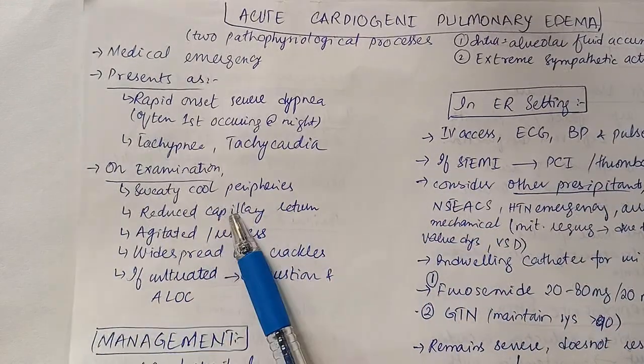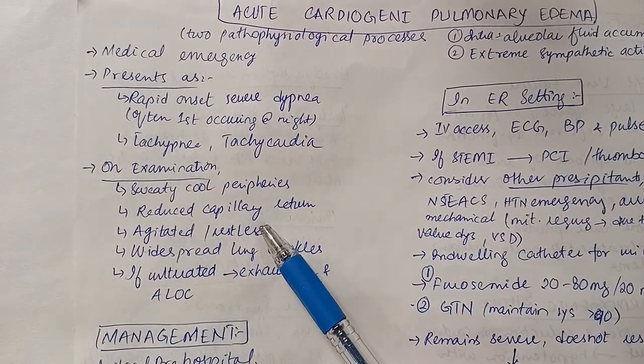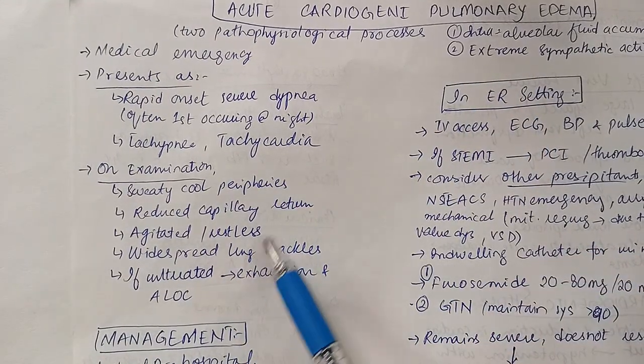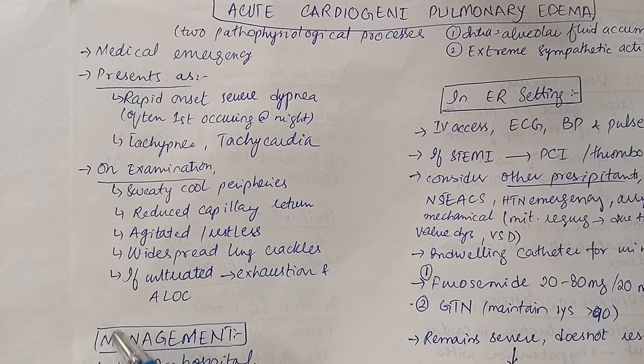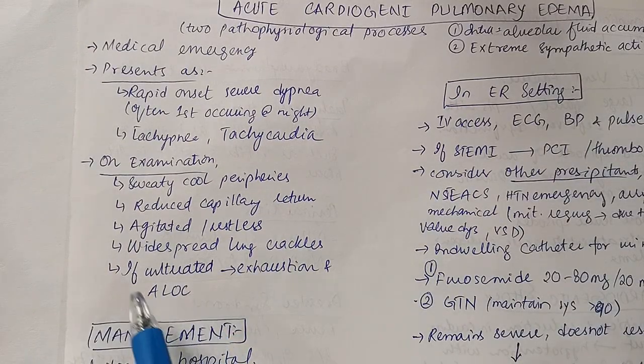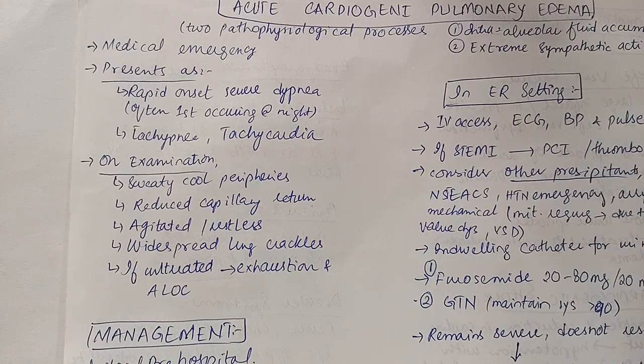On examination, there would be sweaty, cool peripheries, reduced capillary refill, the patient would be agitated and restless, and widespread lung crackles would be there. If left untreated, exhaustion and altered level of consciousness can present.